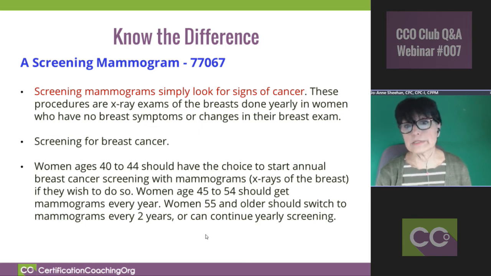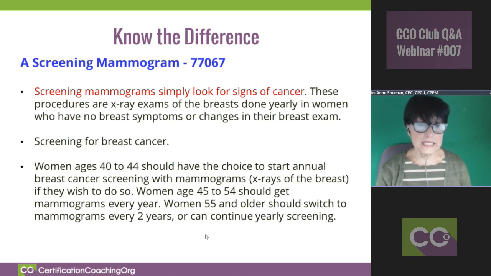So screening mammograms simply look for signs of cancer. These procedures are X-ray exams of the breast done yearly in women who have no breast symptoms or changes in the breast exam. So it's just a screening for breast cancer. And there are specific guidelines. Women ages 40 to 44 should have the choice to start annual breast cancer screening with mammograms, which are the X-rays of the breast, if they want to.